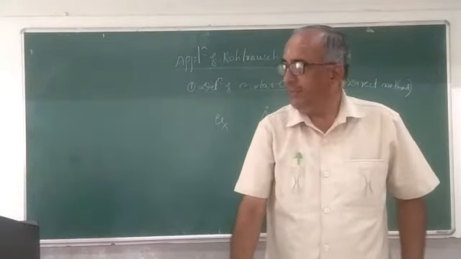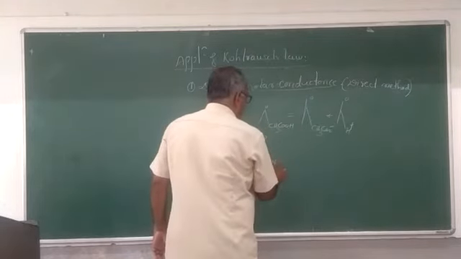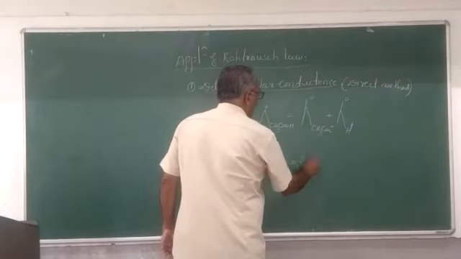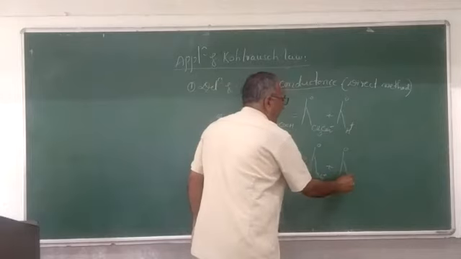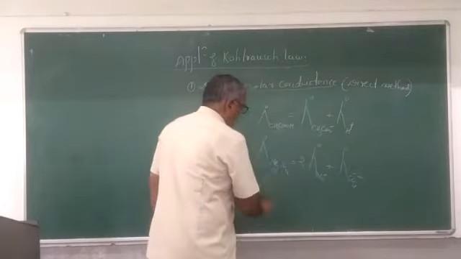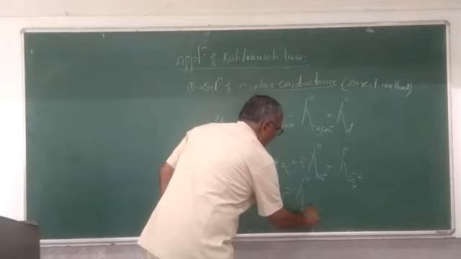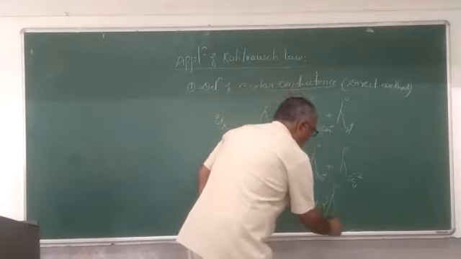In the same way, the molar conductance of sodium sulfate is 2 times the molar conductivity of the sodium ion plus the molar conductivity of the sulfate ion. In the same way, the molar conductance of calcium chloride at infinite dilution is equal to the molar conductance of the calcium ion plus 2 times the molar conductance of the chloride ion. In this way we have to calculate.